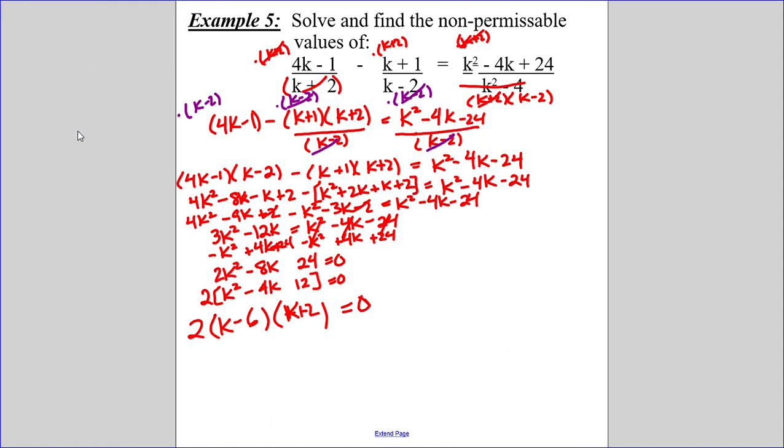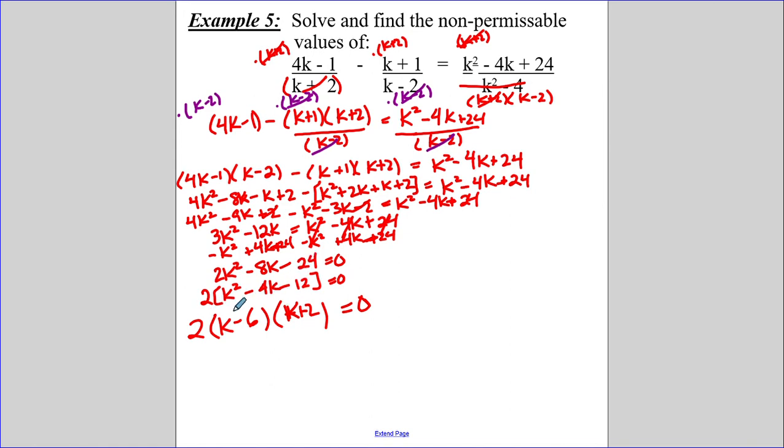Oh, and I see what I did here. I just wrote out the wrong symbol. I wrote k squared minus 4k minus 24, and it should have been plus 24. So we'll just make a little correction, and maybe you picked up on that already. So plus 24 all the way through, which means here I'm going to have to minus 24, minus 24, minus 24, minus 12. So I just had a little mistake up there where I wrote down the wrong sign, and you can see how it affected everything all the way through. But now in this case I've got this correct.